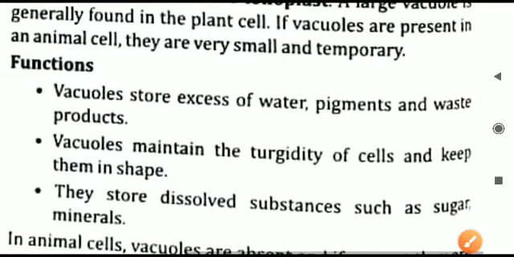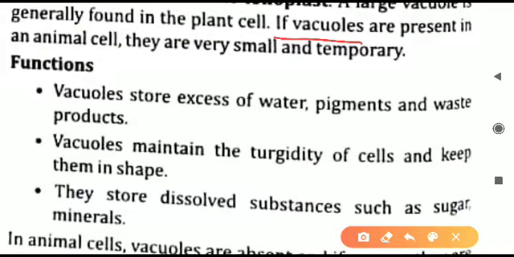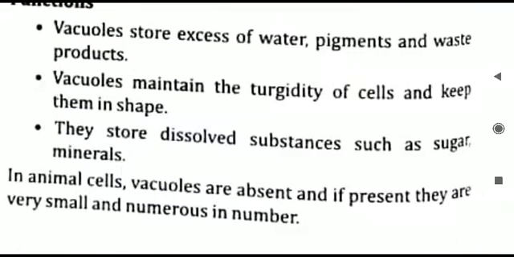So what about the animal cell now? Animal cells generally do not have vacuoles. Sometimes vacuoles can be there. If vacuoles are present in an animal cell, then they will be very small and temporary. For a short period of time they may be present. There also the same thing will be stored. All this extra material is stored in the vacuole.